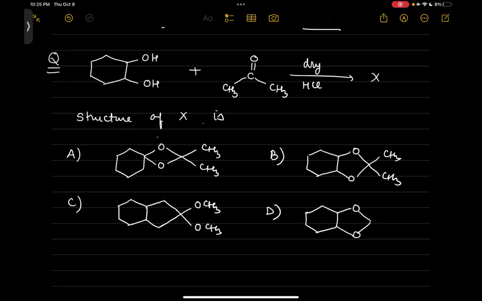Ketone. So first of all, we can start in parts. Okay. So we have taken a ketone, right? This is the ketone. Got it?